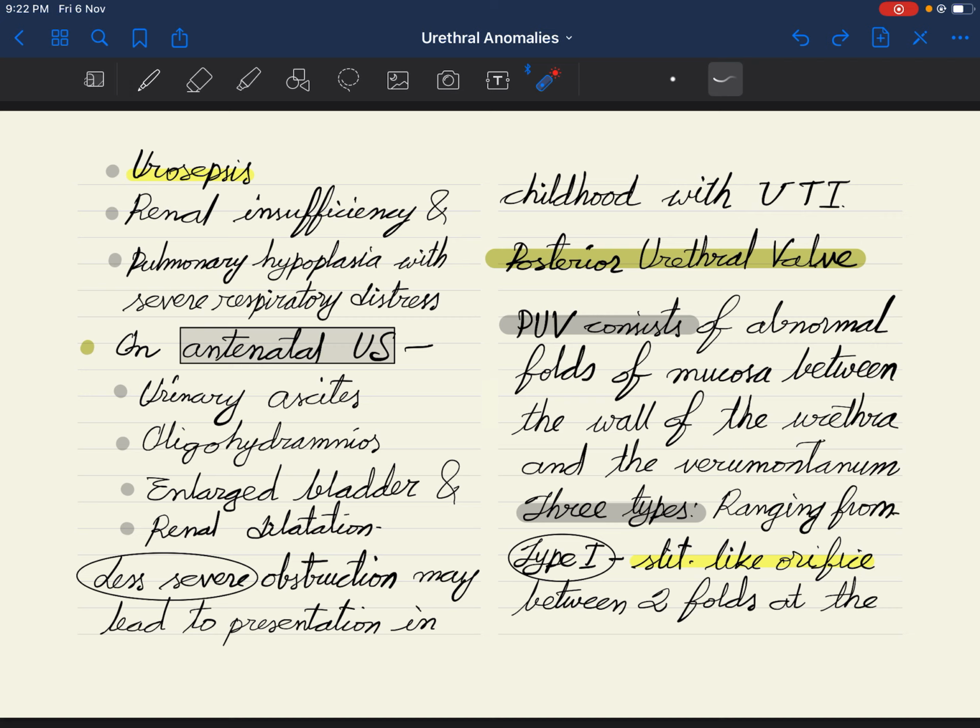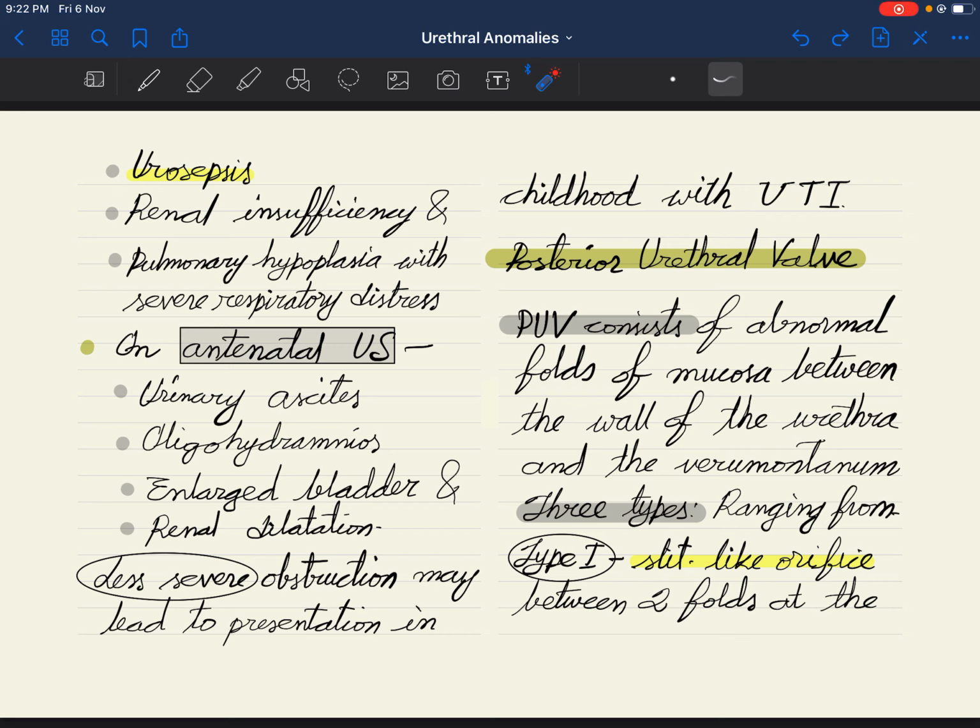So let us talk about posterior urethral valve. Posterior urethral valve consists of abnormal folds of mucosa between the wall of the urethra and the verumontanum. There are three types.